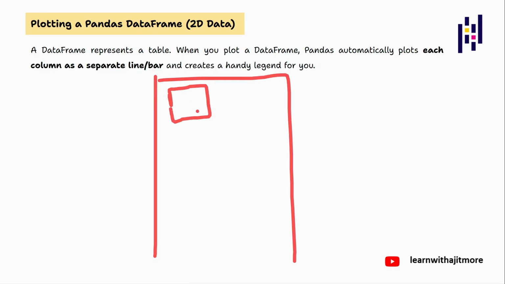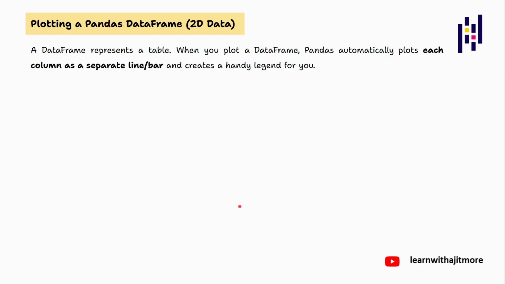Like if there is a red color for store one, green color for store two, blue color for store three, it will tell that. From here, we can then interpret that whatever red line is coming is for store one, green line is for store two, blue line is for store three, like that. Okay.